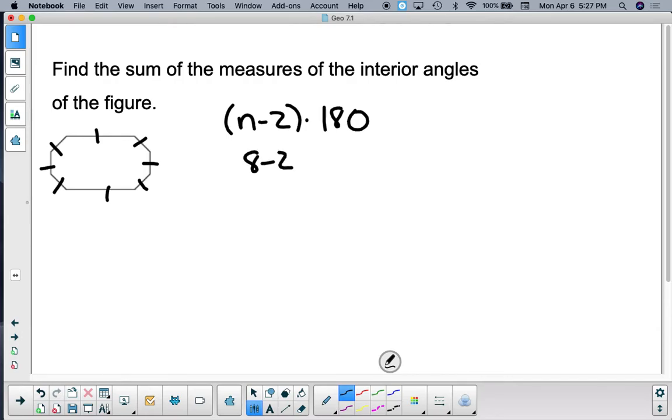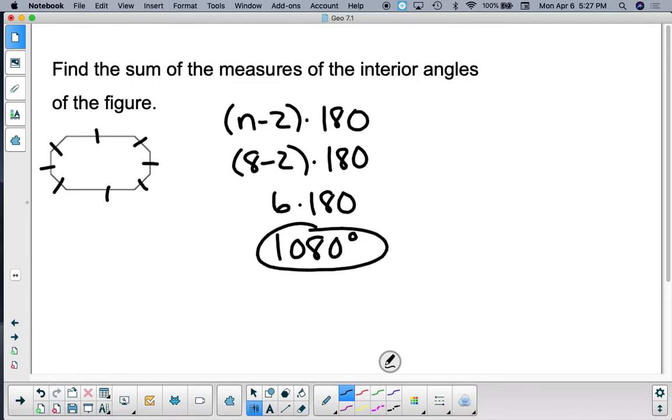So it's 8 minus 2 times 180, which is 6 times 180. If you multiply 6 times 180, you get 1,080 degrees. So if I added all the angles up on this 8-sided figure, I would get 1,080 degrees.